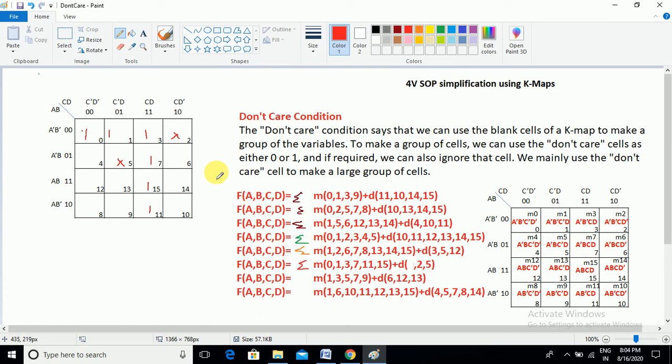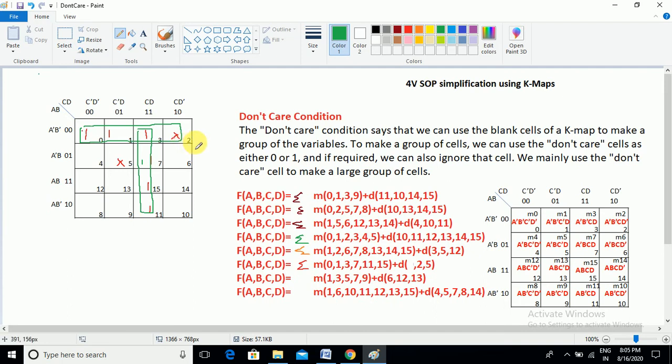Initially, easy grouping. How can I create an easy grouping? Simple. Without considering any don't care cell, here I can create one easy group, a 4 cell grouping. Here one is selected. Now next think about the ones which are not in the group. So if I consider this, here also I can create one 4 cell group, and 2 is a don't care cell.